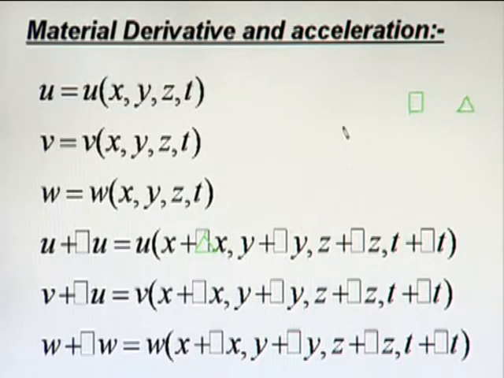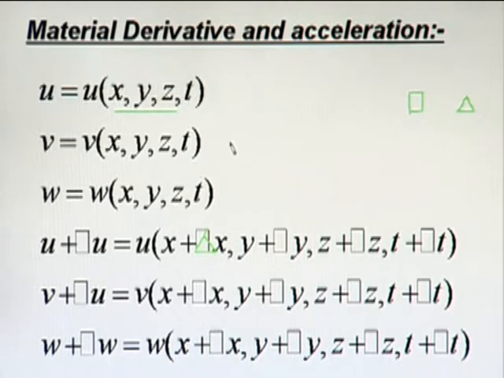So at time t, this was the position vector s, having three Cartesian components in x, y, z direction, which is equal to (x, y, z) at time t.